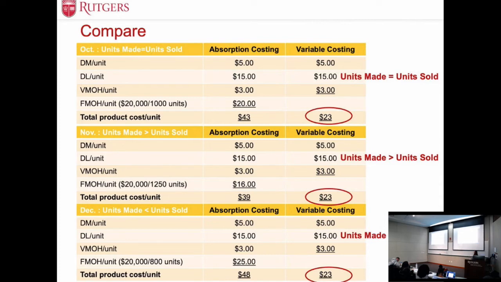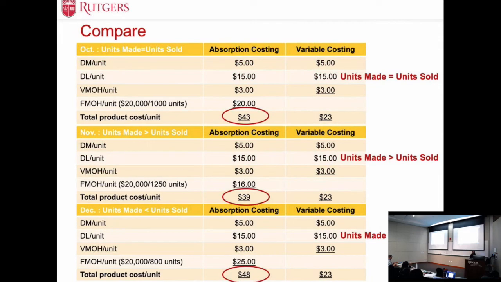And the reason is the fixed overhead is not counted as the production cost under the variable costing, so it does not matter, right? If we use the absorption costing, the unit production cost changes when the conditions change, right?